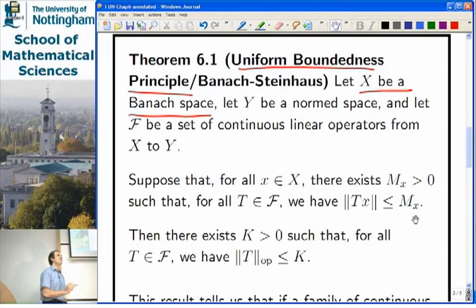So you're going to need this. The uniform boundedness principle says that that's sufficient as well. If you're point-wise bounded as a collection of bounded operators on a Banach space X, then you're uniformly bounded.